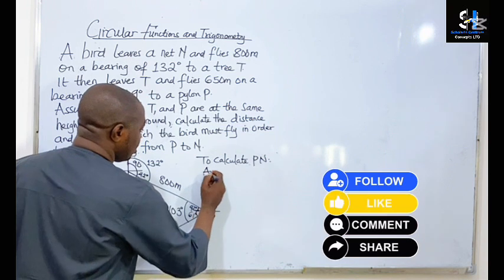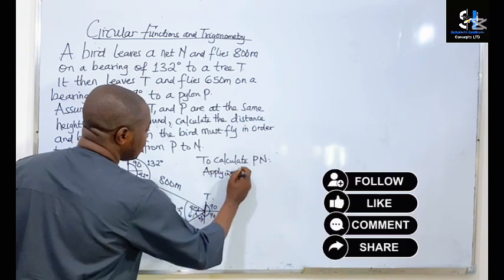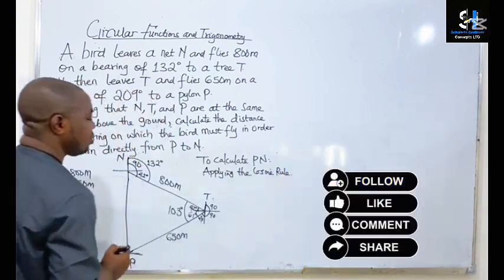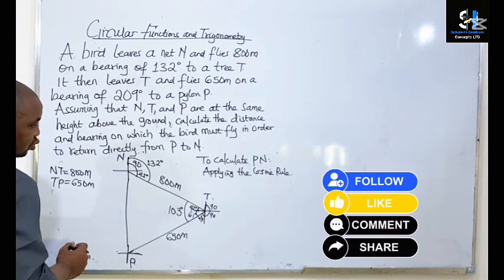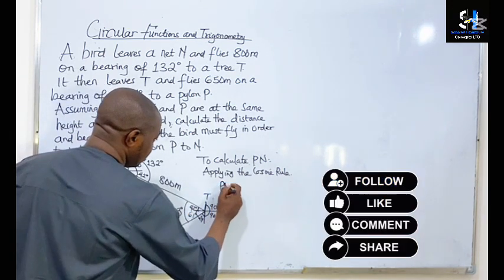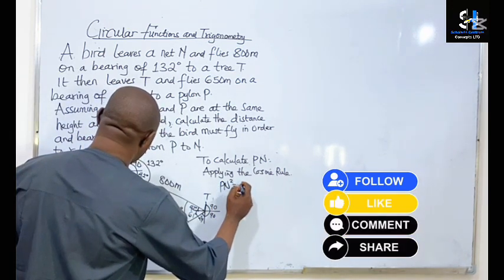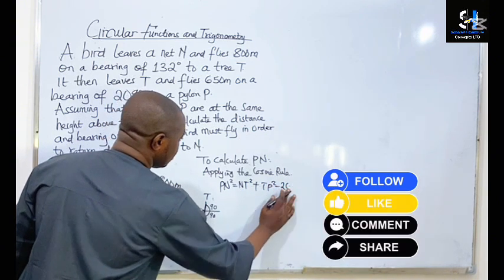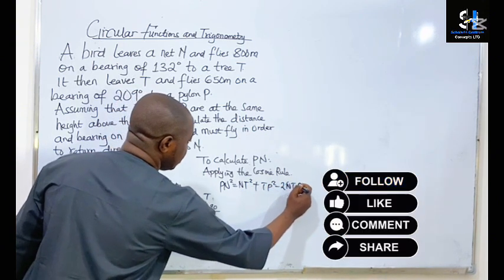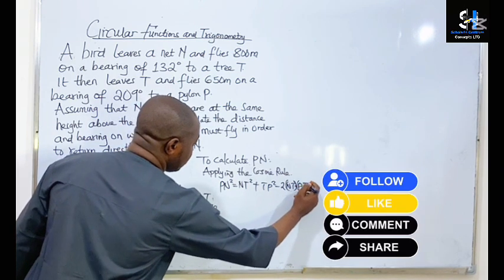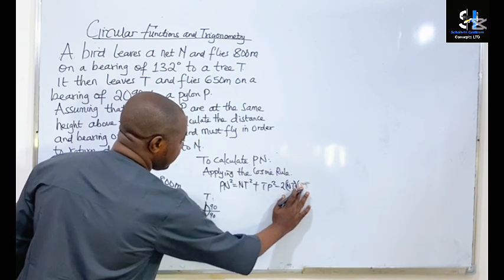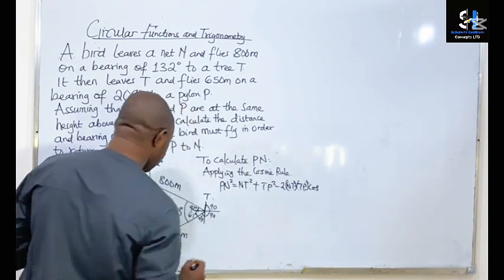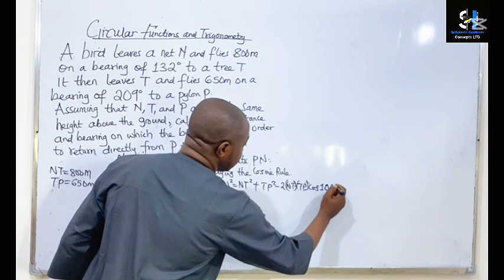So using the cosine rule, PN squared equals NT squared plus TP squared, minus 2 times NT times TP, times cos of the angle, which now becomes 103 degrees.